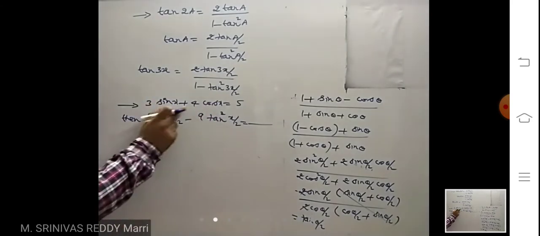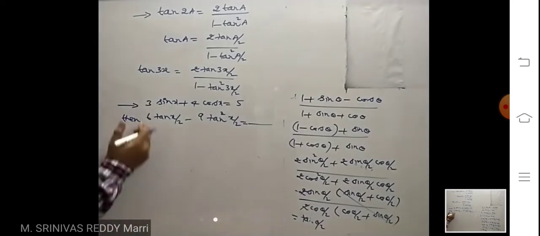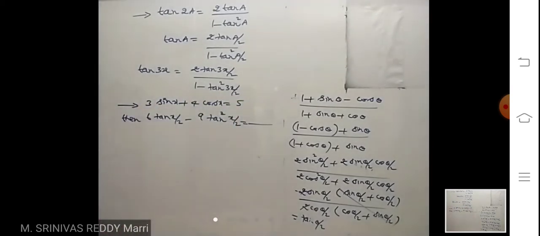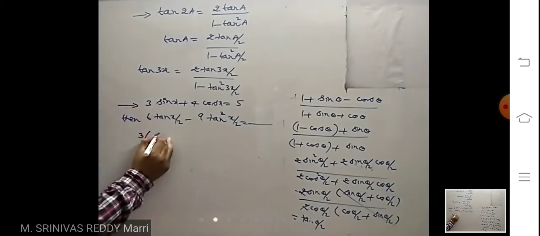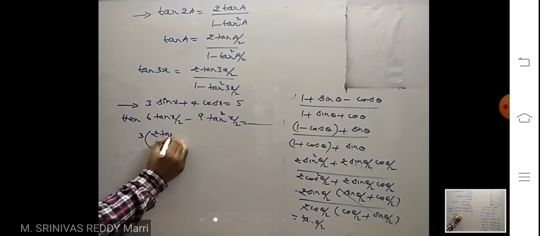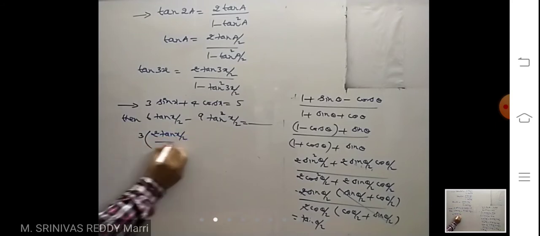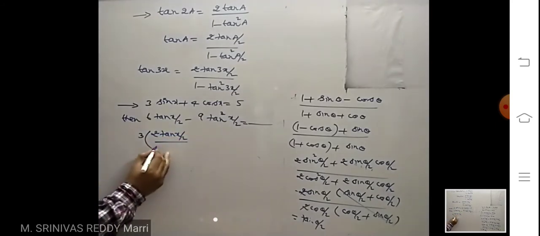Now here sin x given, cos x given, and he is asking the value in terms of tan x by 2. Obviously we will select the formula for sin x in terms of tan: 2 tan by 1 plus tan square.